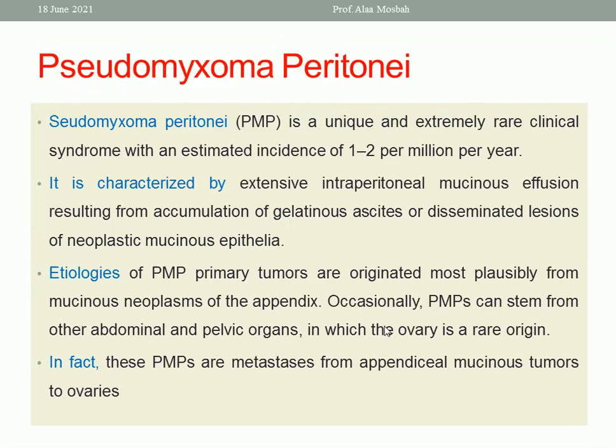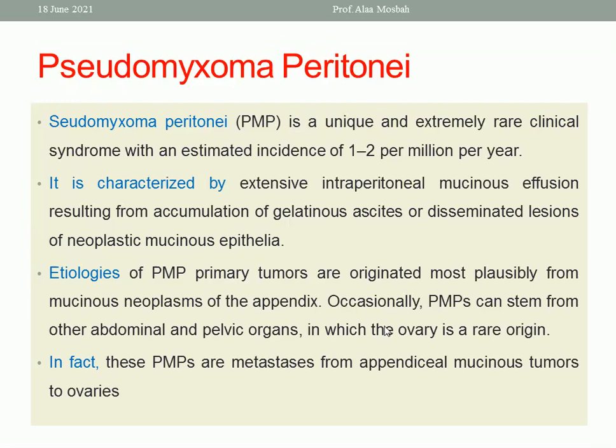And many gynecologists believe that the mucinous cystadenoma, even on the ovary, is coming from the appendiceal mucinous cystadenoma, which is the primary site of this tumor.